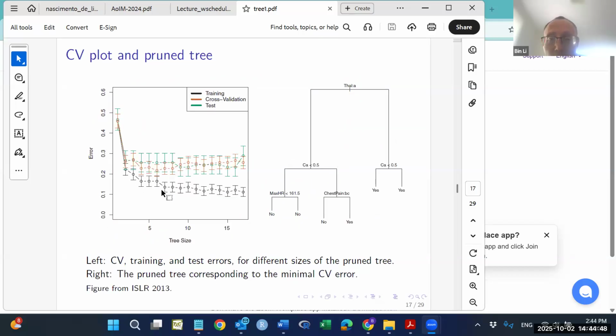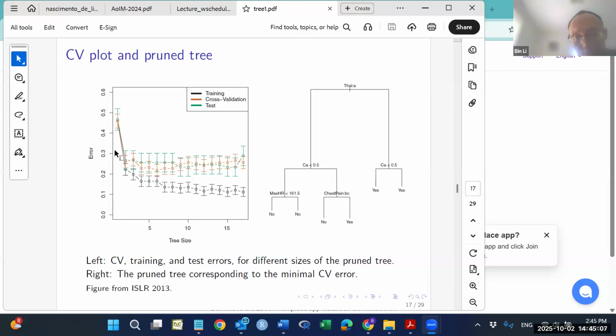And then let's see the cross validation used to find out the optimal trees. We have the test as the green one, the cross validation as the orange one, and the training as the black one.